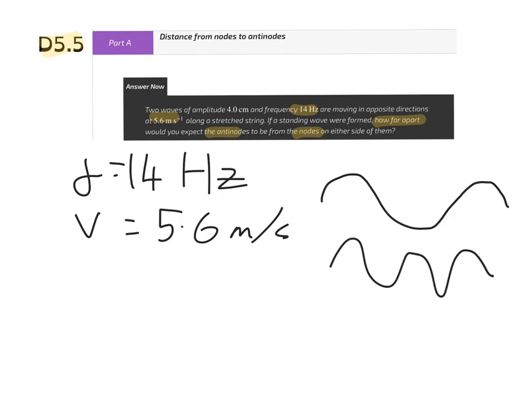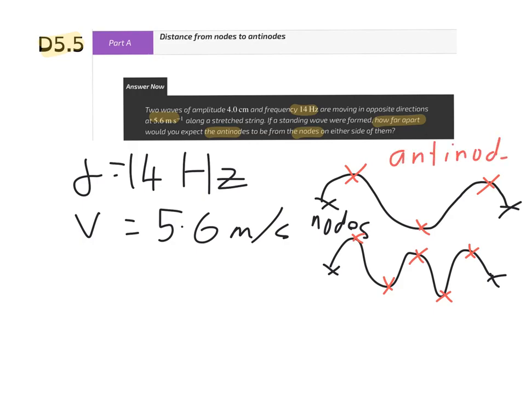I don't know how many wavelengths are in it, but I know it will have two fixed ends, and those ends, because they don't move, are therefore nodes. The points where there is maximum amplitude, or on a different wave depending on how many wavelengths fit in, would be there. They would be the antinodes. So I'm looking for the distance between node and antinode.